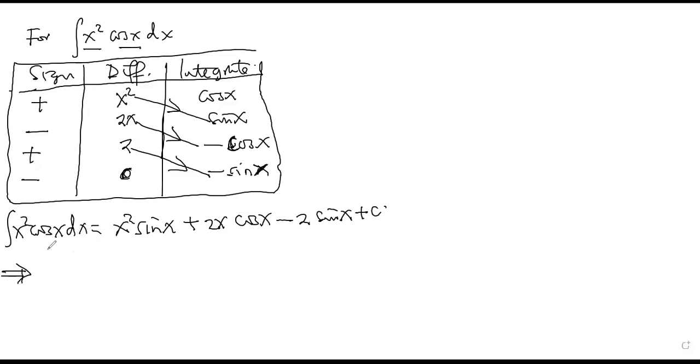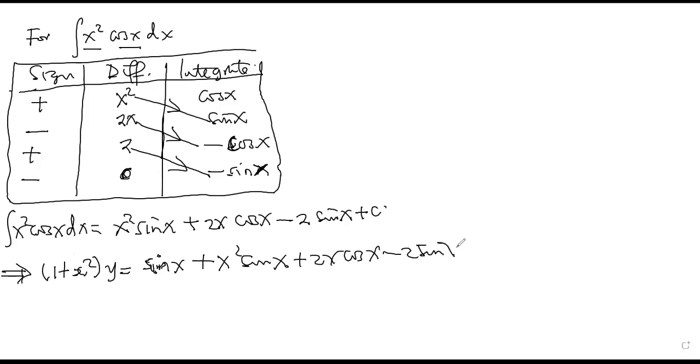So it would mean that (1 plus x squared) y is going to be equal to sin x, then plus what we have gotten: x squared sin x plus 2x cos x minus 2 sin x plus a constant c.